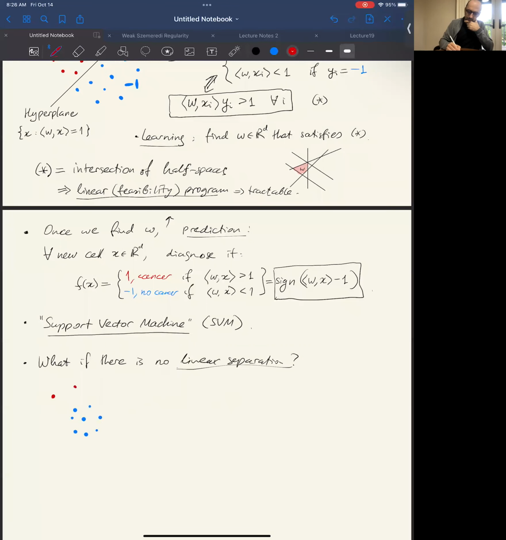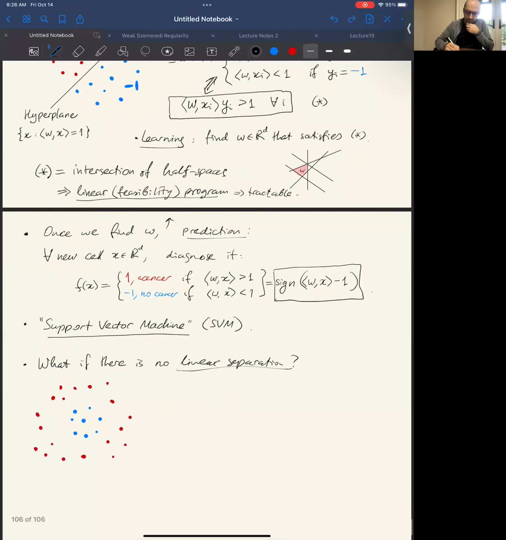And this is cancer. I'm making it up, it doesn't correspond to cancer, but really something like that. No linear separation, obviously. It's clear that no matter what hyperplane I choose, I can't separate blue from red, cancer from non-cancer.